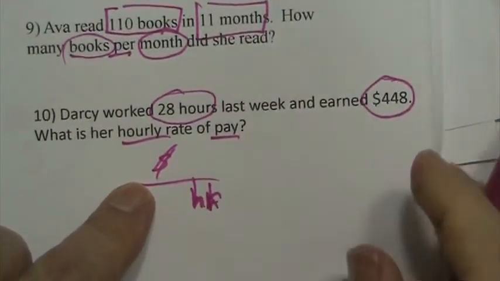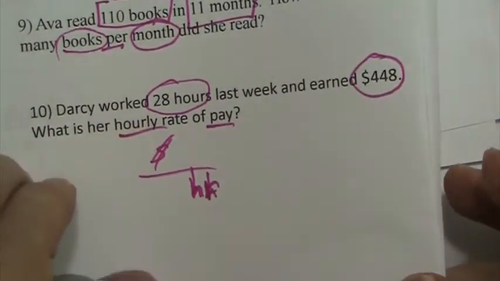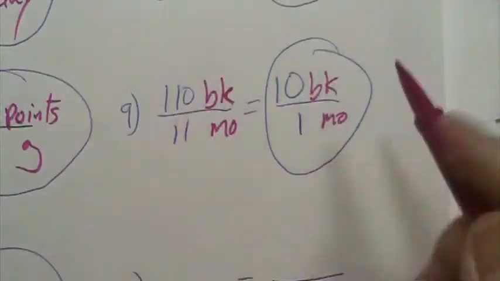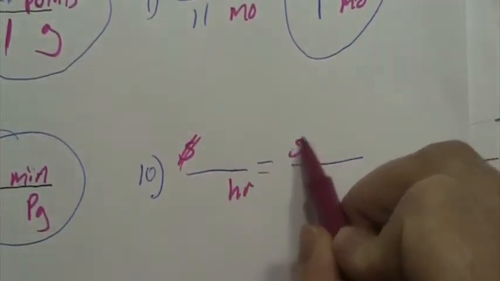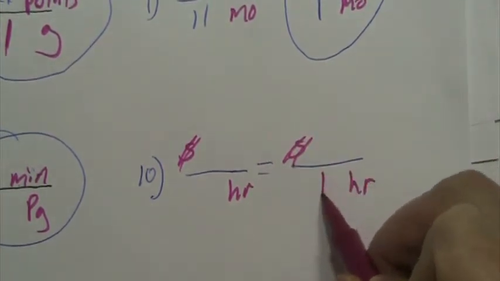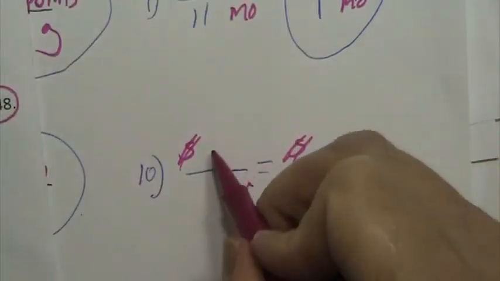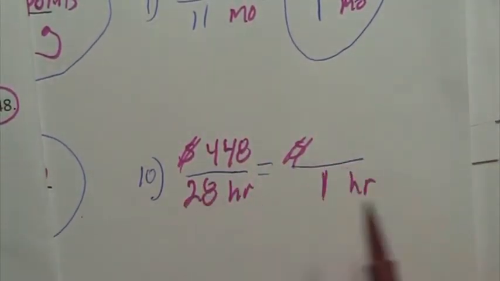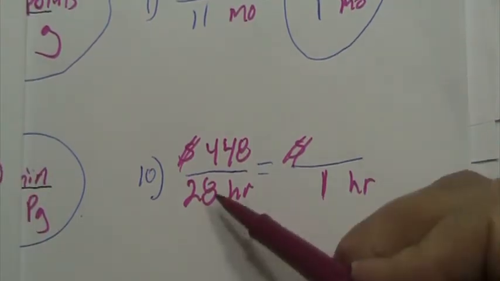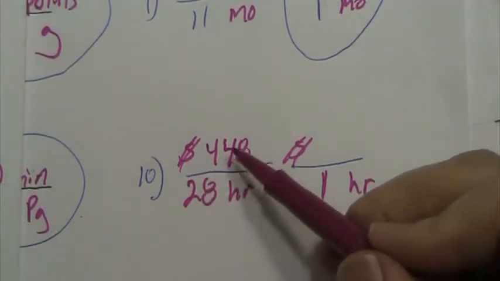Dollars, hour, for 1 hour. So simply divide, or see how many times 28 goes into 448.